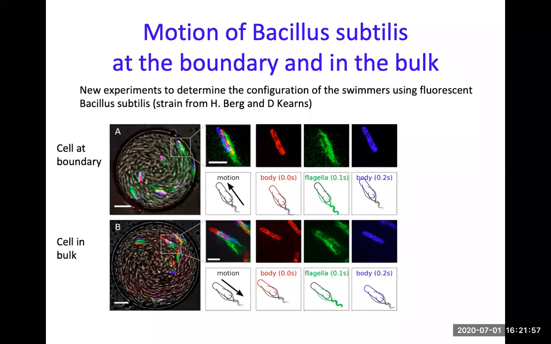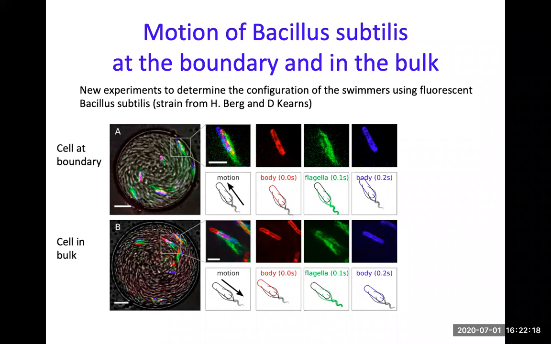So, of course, we had to check with new experiments. We got some mutant bacteria from Howard Berg's lab, Daniel Kearns, and they could color the cell membrane and the flagella with different paints and visualize them at different times.